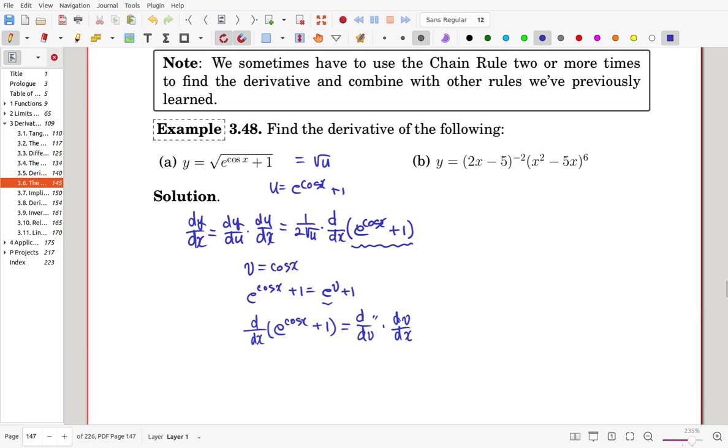Now, along with the v derivative, it becomes e to the v, times the x derivative of v, which is minus sine x.